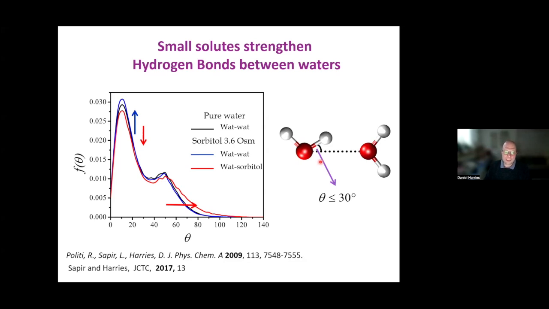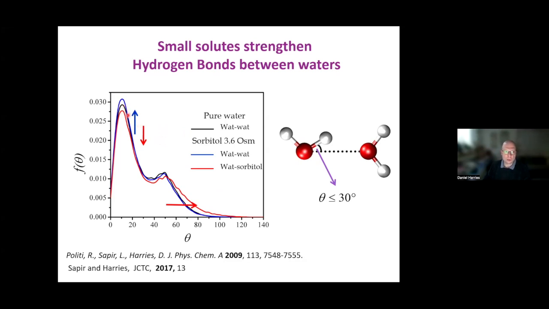And specifically in water solutions, we could see in simulations that there is a change in hydrogen bonding of water with water molecules and between water and solute upon solute addition.